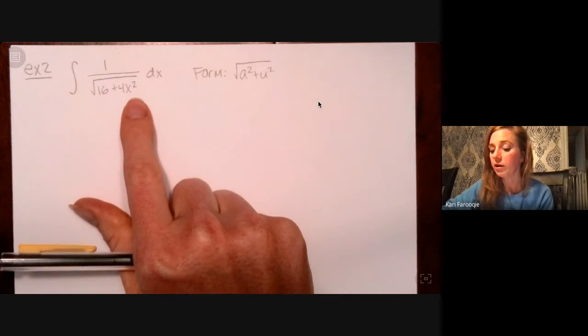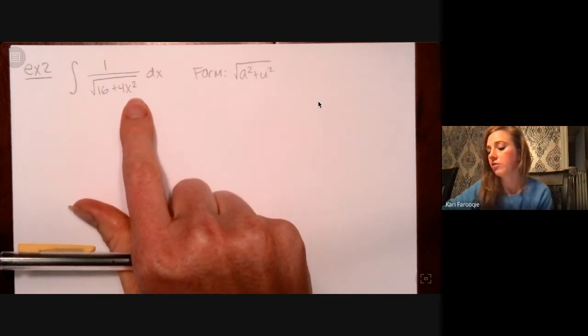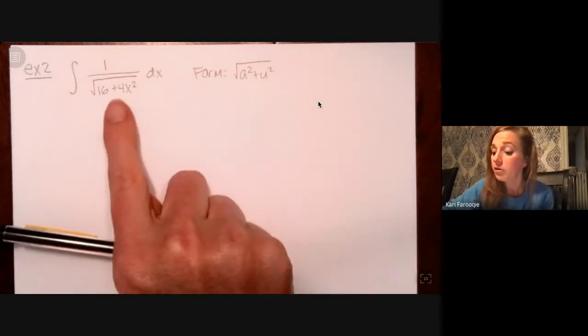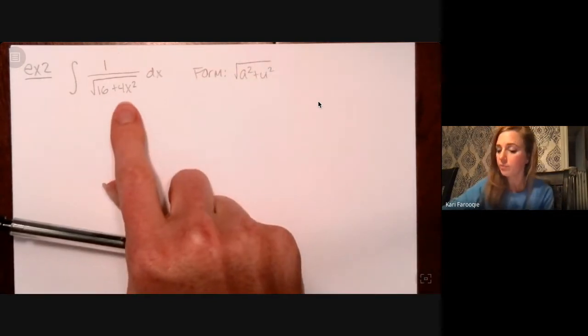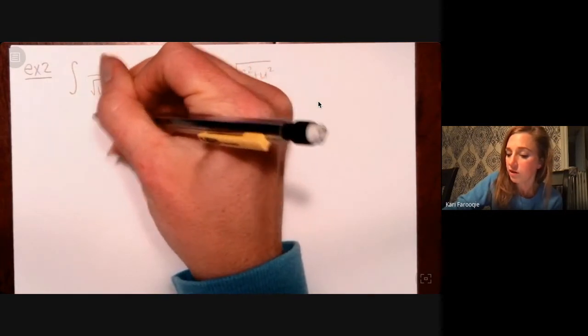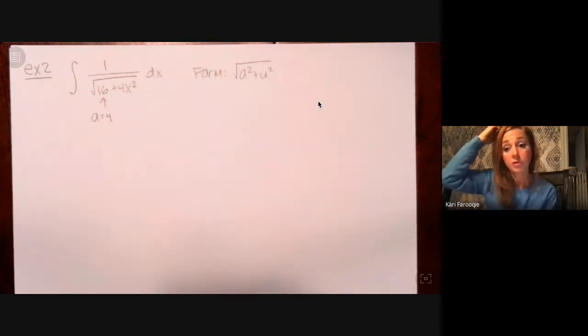What students tend to do here as a very common mistake is they say that u is like 4x or something. I think that's what happens a lot. But remember that u is the quantity that's being squared. So in this case, if a squared is 16, then a is 4 because 4 is the quantity that's being squared.